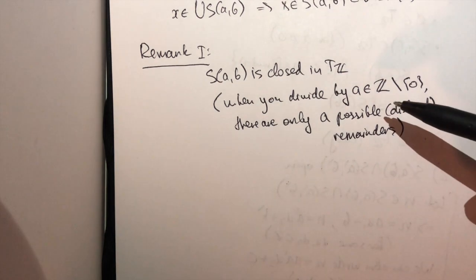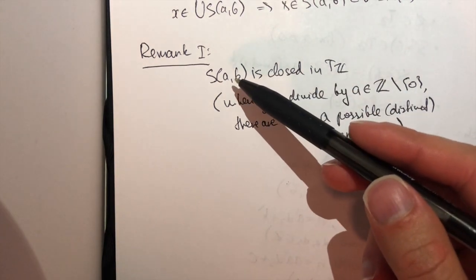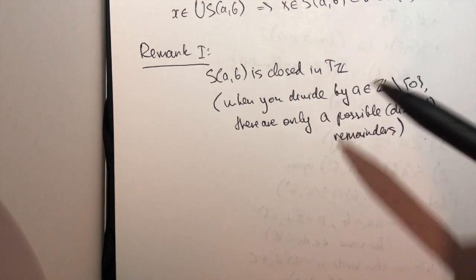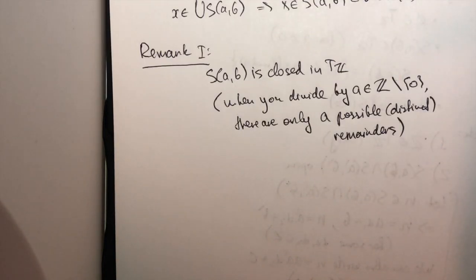So this is a hint, and if you want to show that S of AB is closed, you want to use this fact.